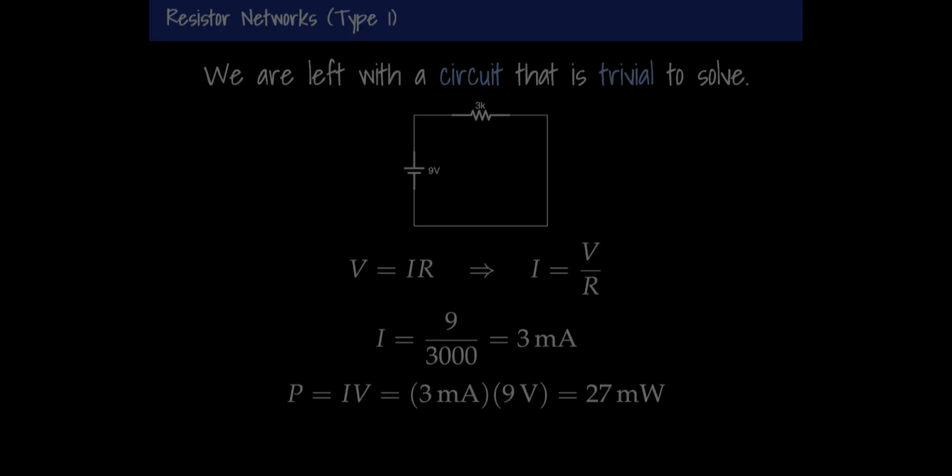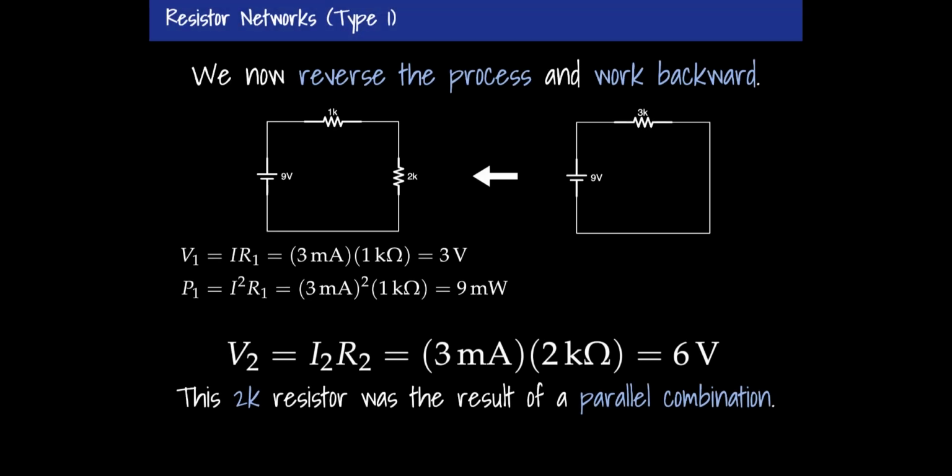What I'm going to do now that I've found out what that current is, I'm going to do the same process. I'm going to work backwards. It'll be fun. So now I'm going to do the same process I did in reverse, and to do that, I have to appreciate that this 3K resistor was the result of a series combination. I had put a 1K together with a 2K.